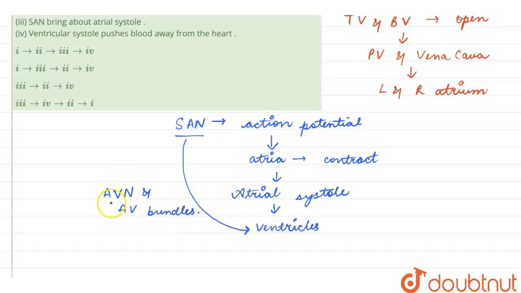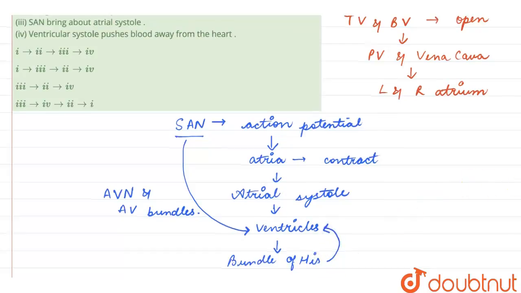AVN is the atrioventricular node, and the atrioventricular bundles bring this action potential towards the ventricles, and the bundle of His will carry this action potential to the whole ventricular musculature.